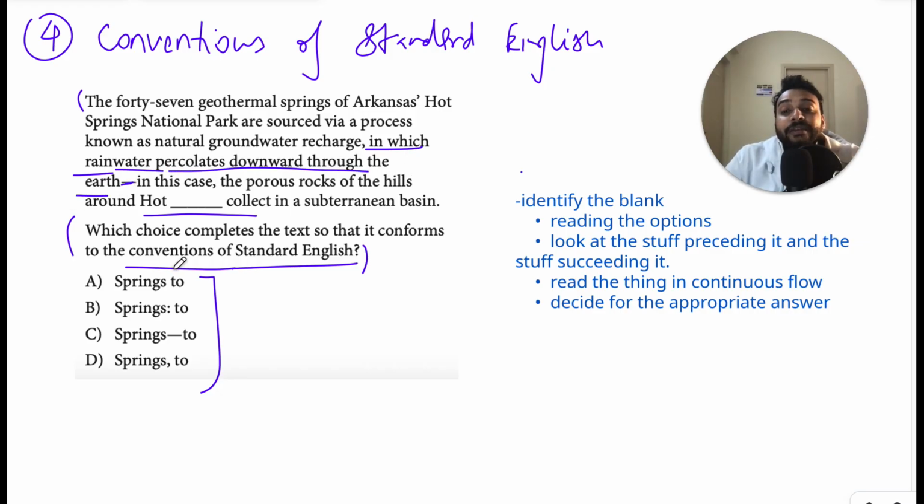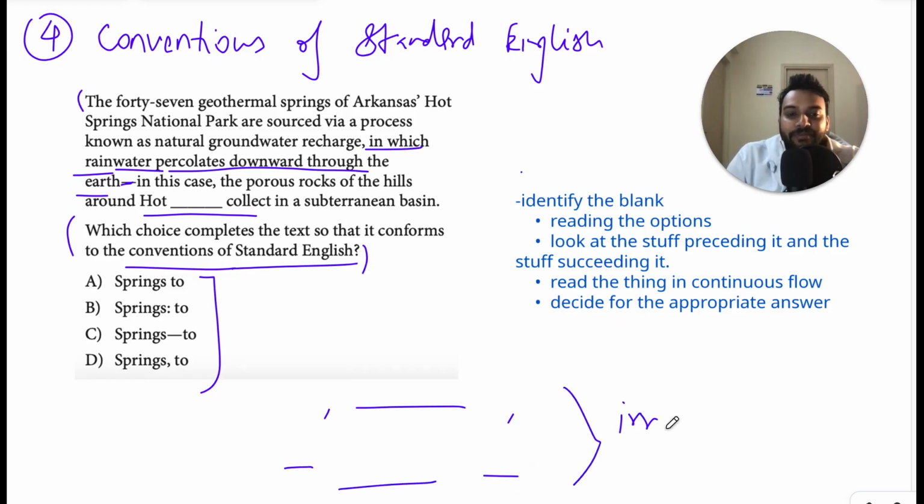Then there's a hyphen. You usually use a hyphen, or two hyphens, to separate irrelevant, non-consequential information. Whenever you see comma, information, comma, or hyphen, information, hyphen, these are irrelevant pieces of information. So how to check this? You read the complete sentence without reading the stuff between hyphens.